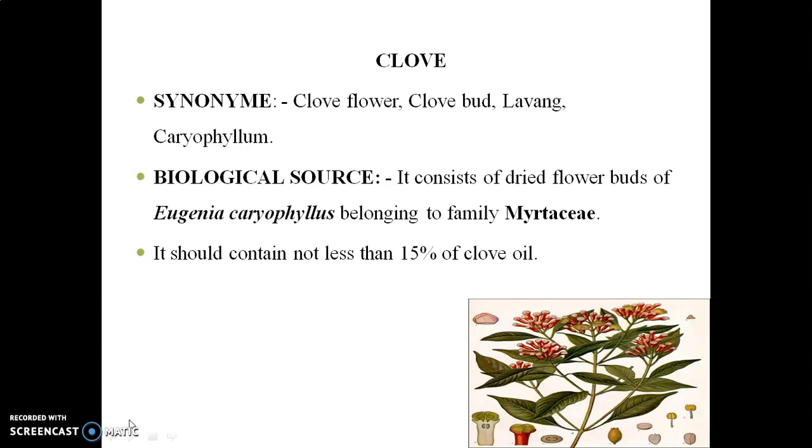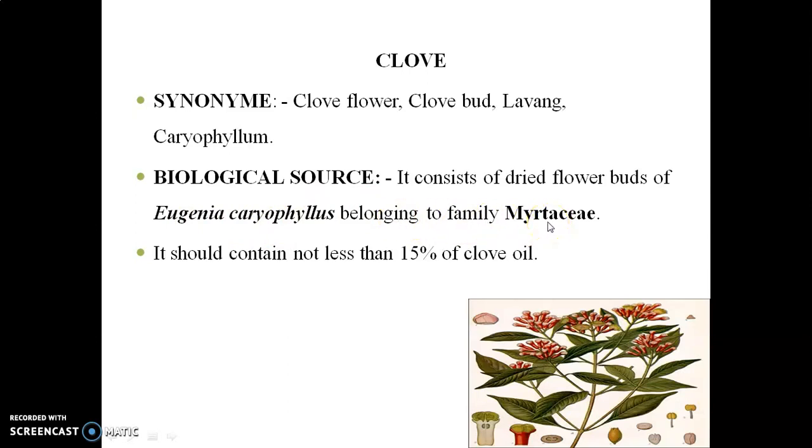Then regarding the biological source, as we know, the flower bud part of clove is used. Hence, the biological source consists of dried flower buds of Eugenia caryophyllus. That is, the genus is Eugenia and the species is caryophyllus, which is the official variety, and it belongs to the family Myrtaceae.